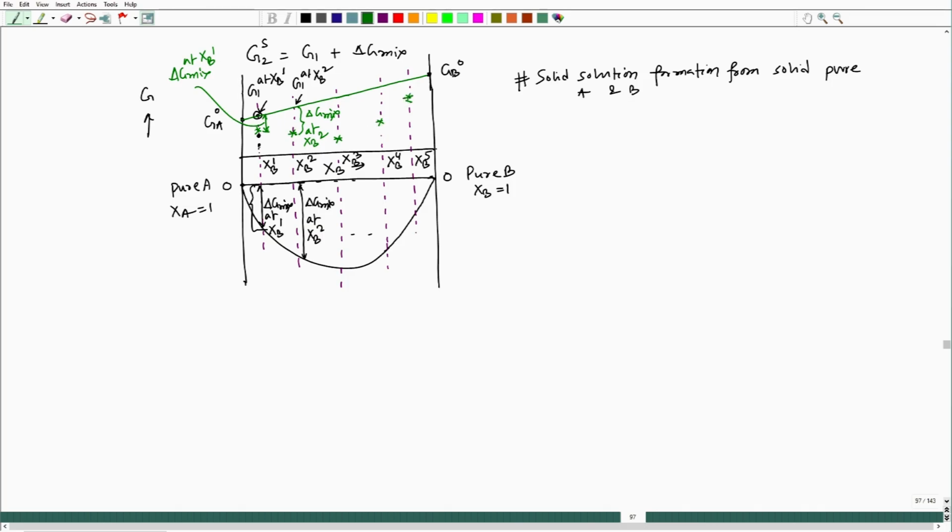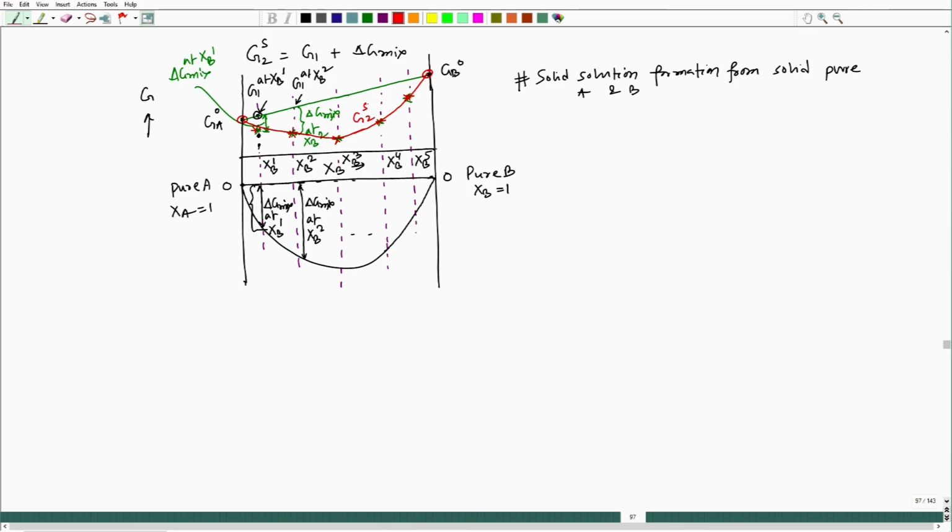So, these are the star mark points I can connect. Let me put it in red color. This is one point, this is another, this is another, this is another, and this is another. If we join them, including these points which come when delta G mix equals 0, where G2 would be nothing but G1 at pure condition, it comes like this. So, this is nothing but G2 solution.